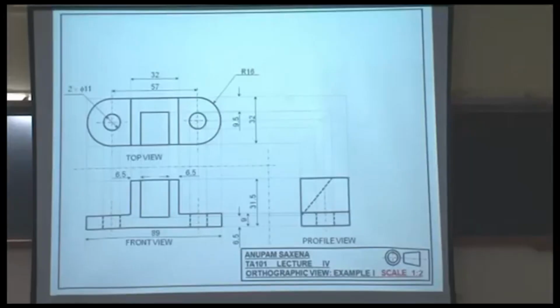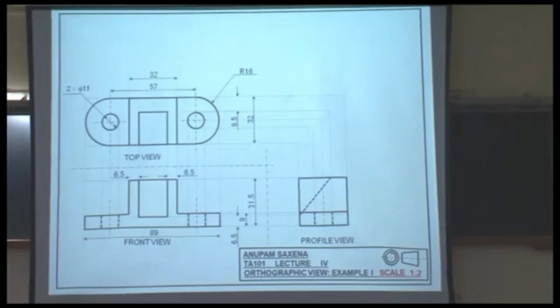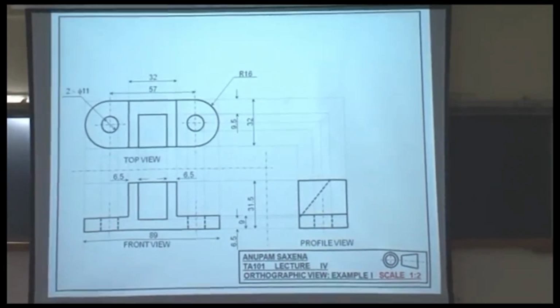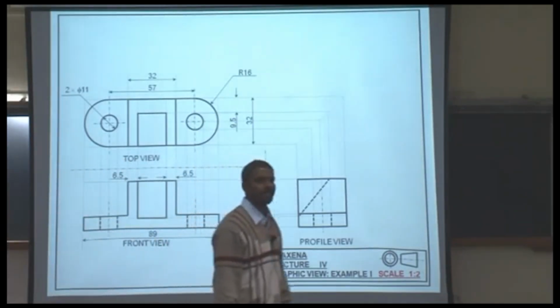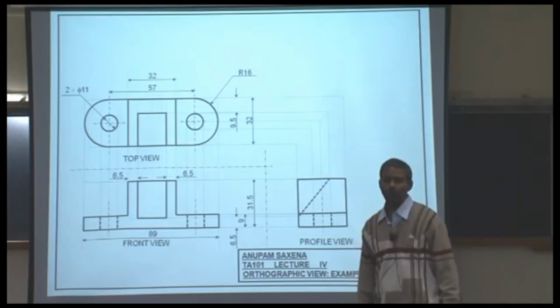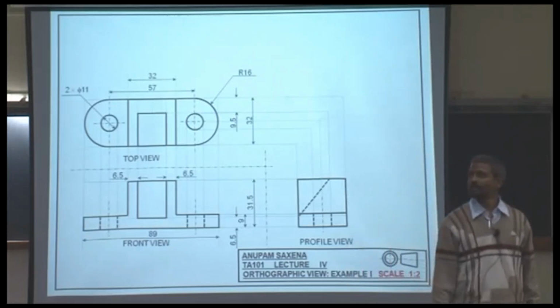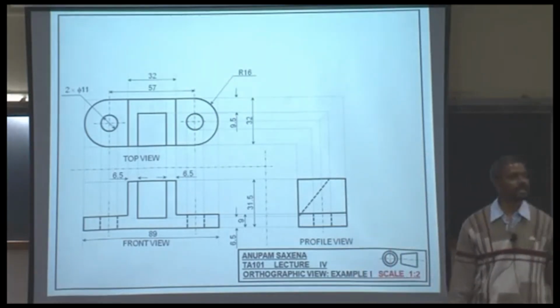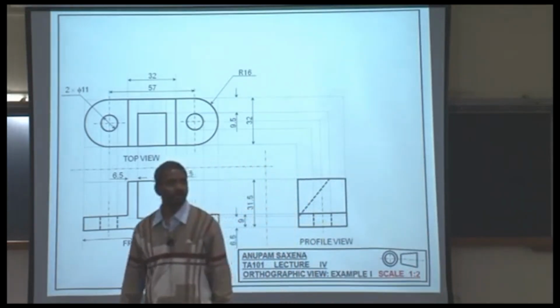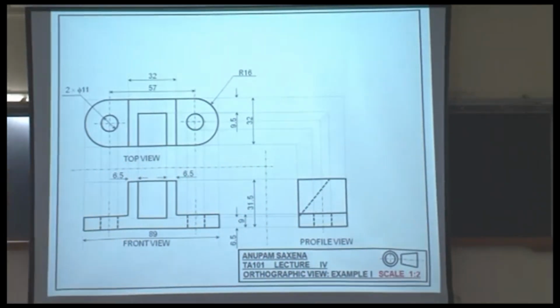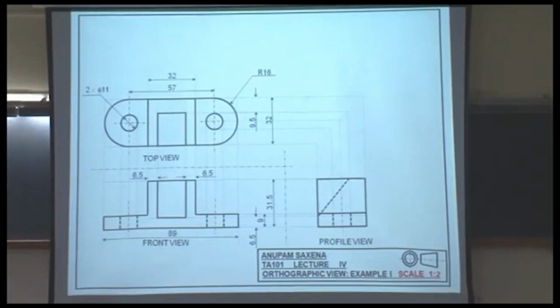So, the question is, given the 3 orthographic views and nothing else, is it feasible for you to interpret the object? Who would say yes? Who would say no? Would it be difficult? It would be difficult.